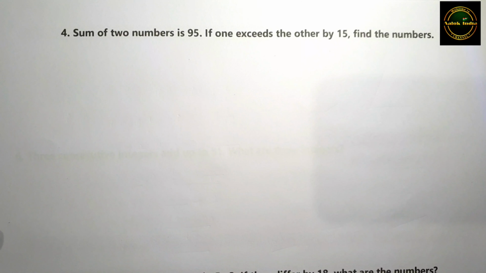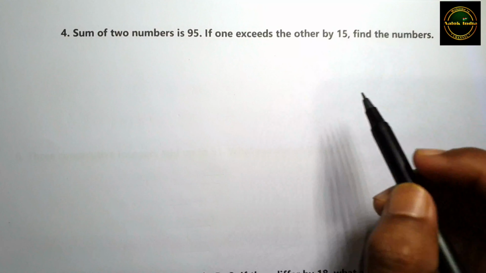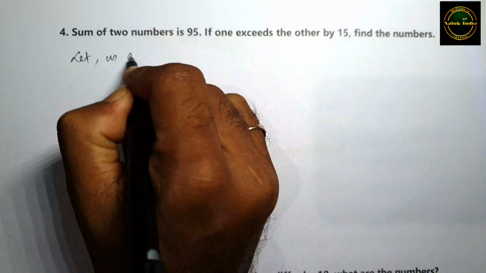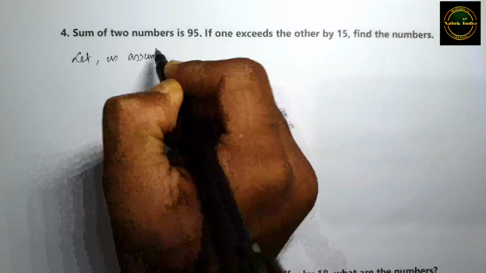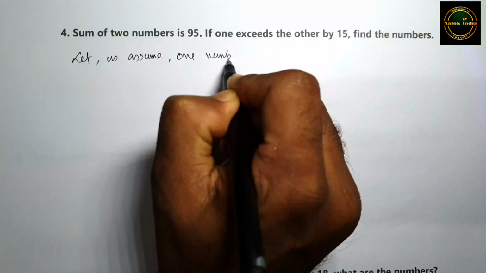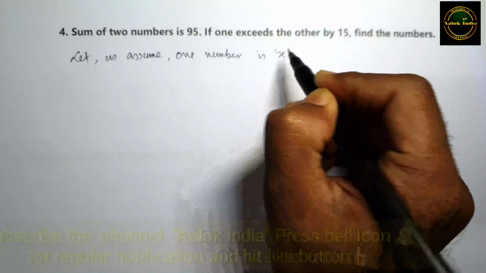Sum of two numbers is 95. If one number exceeds the other by 15, find the numbers. So let us assume one number is x.